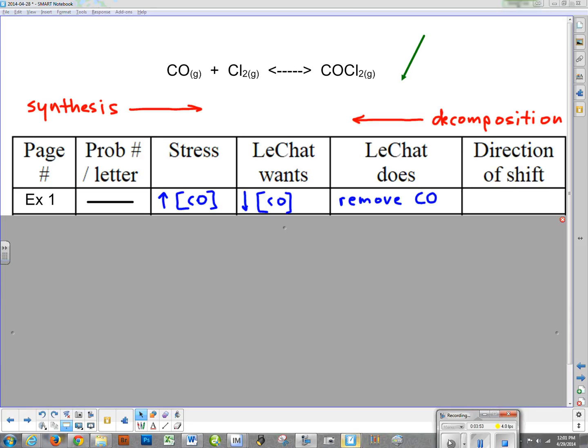So first example, what I chose to do from the outside was make a higher concentration of carbon monoxide, and I did that by adding it to the gaseous vessel where I originally mixed carbon monoxide and Cl2, which are going to in turn produce carbonyl chloride, COCl2, you could say.